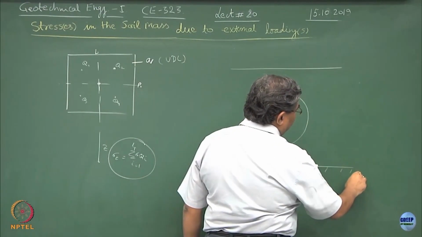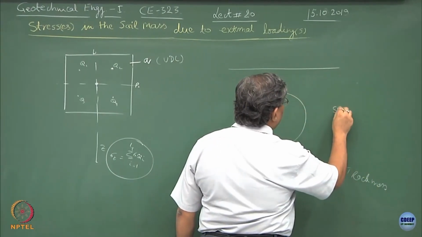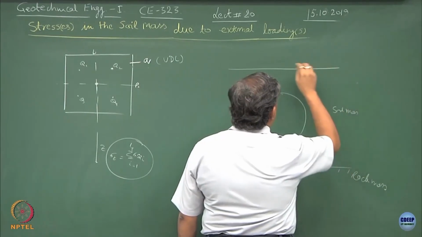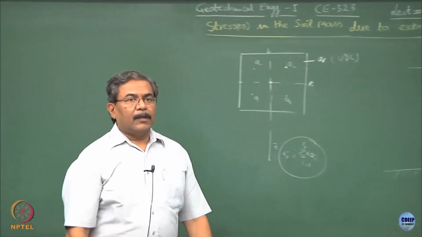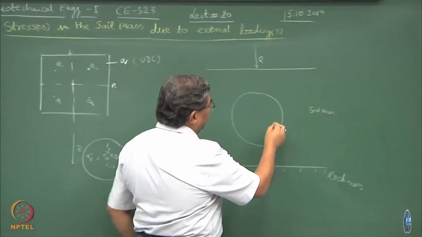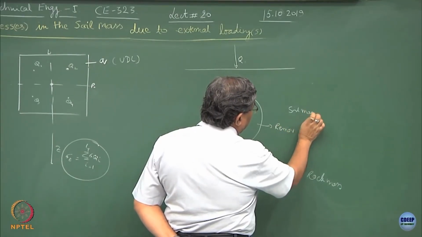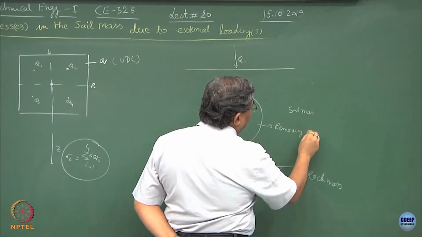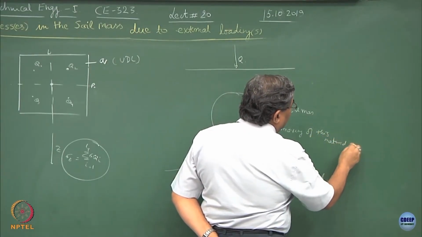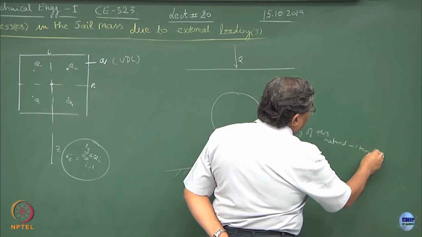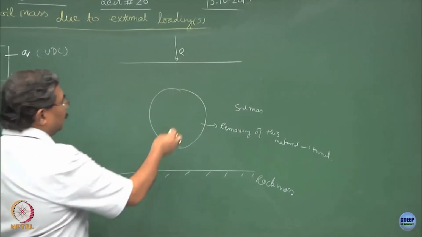Suppose this is the rock, hard strata, this is a soil mass, alright, and there is a load acting on the top of this. Now, by removing this material we are creating a tunnel. So, this is an inclusion.